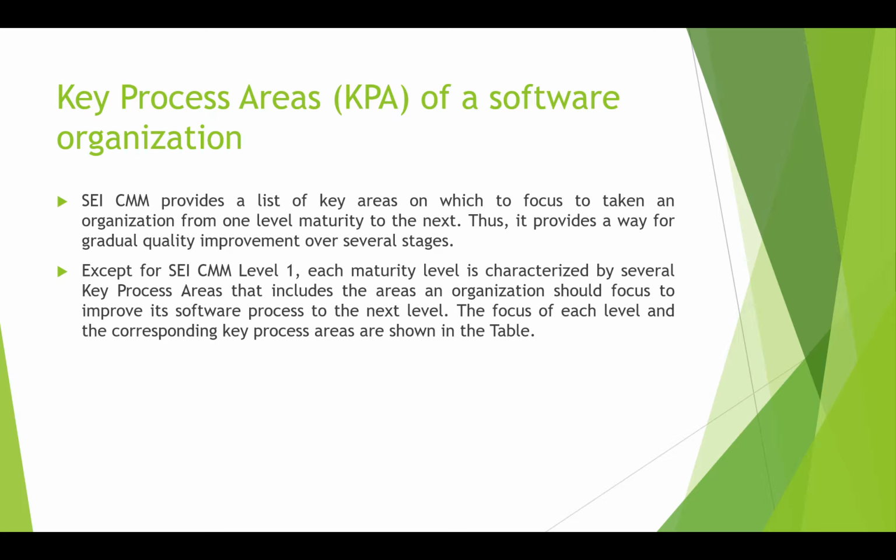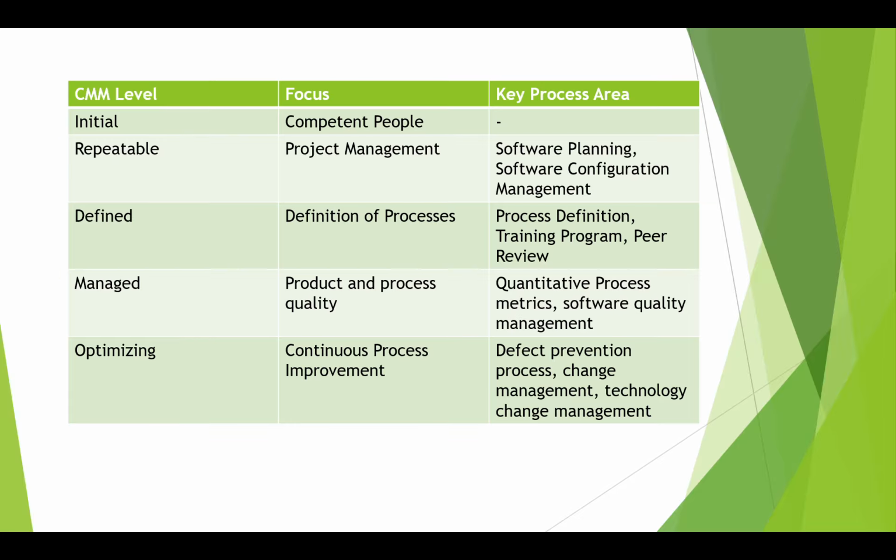In level 1, as there is an initial process, no documentation has been done, it depends on individual efforts, and no metrics have been used. So we can say that there is no KPA present at level 1. So level 1 is skipped. We have to focus on KPAs from level 2. So this is the table.